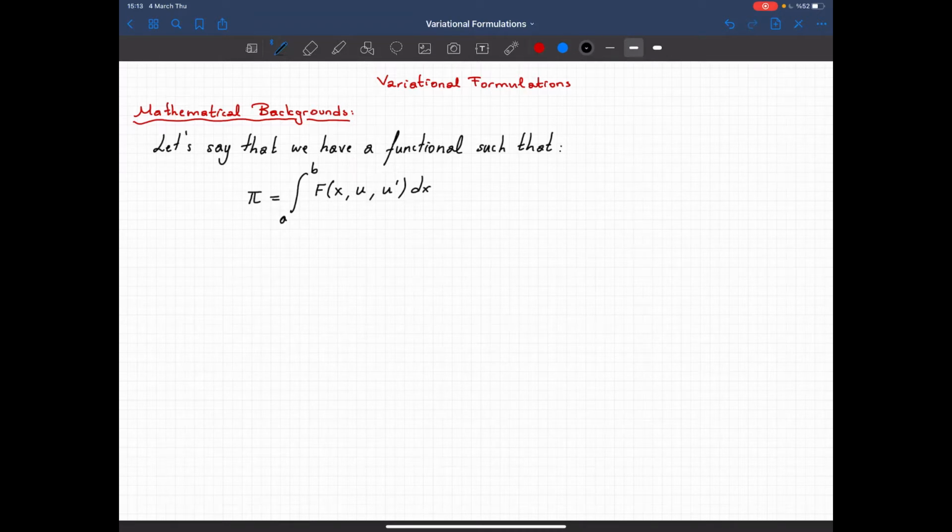And in this functional we have another, u of x, is a function defined on the interval a and b, and f is a known function.